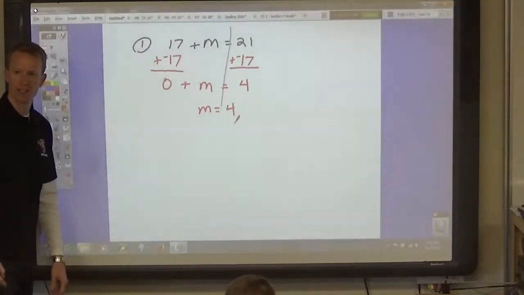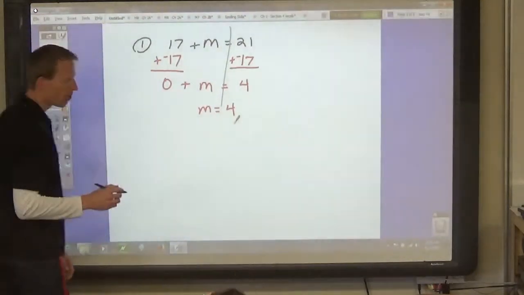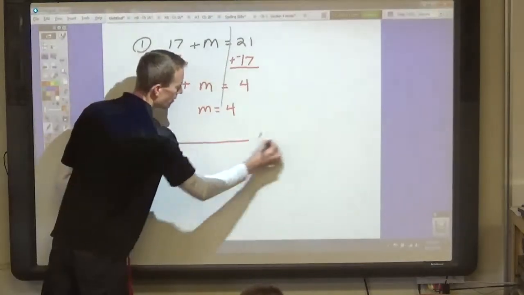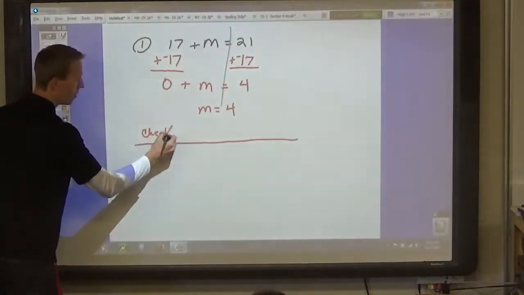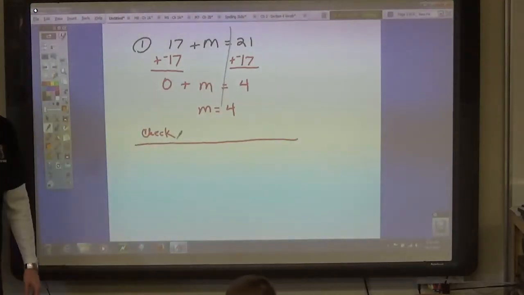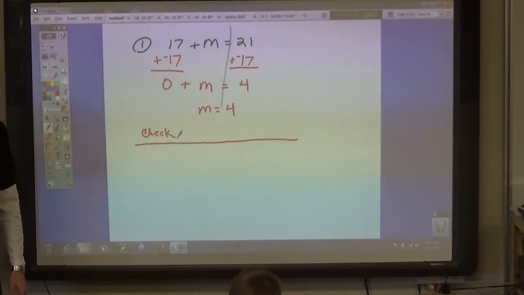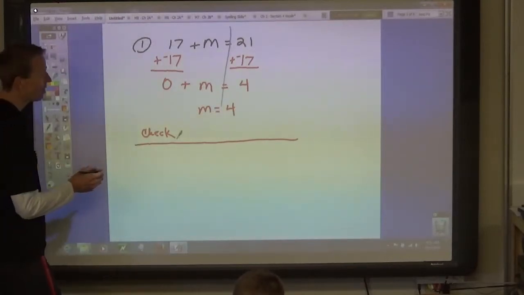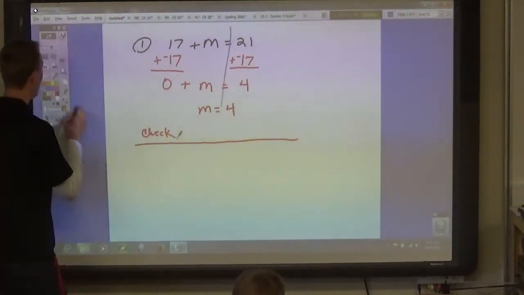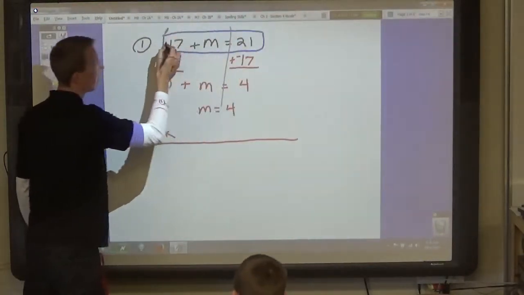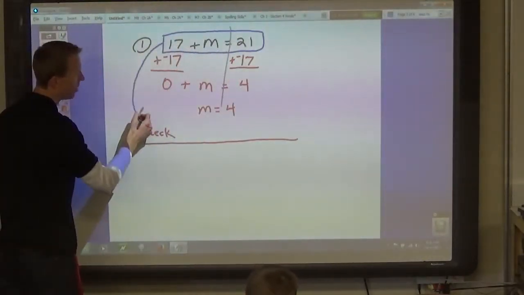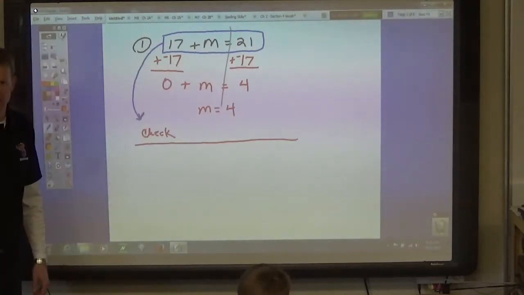Now we're going to check it. On your paper, on the line that's available right underneath, write the word check. Then go back to the original equation and write it down here in the same order.